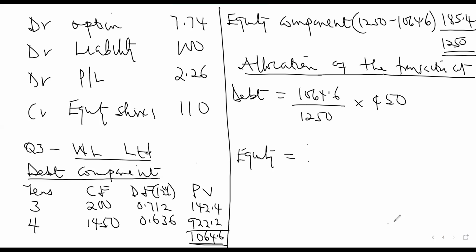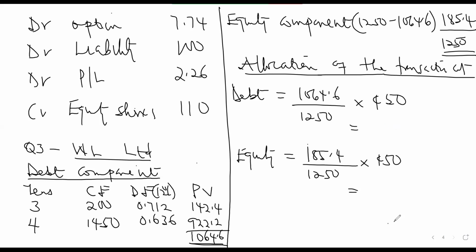Okay, so this will be 185.4 divided by 1250 multiplied by 50 million. What will be the debt component? $42.584. Okay, 42.6.